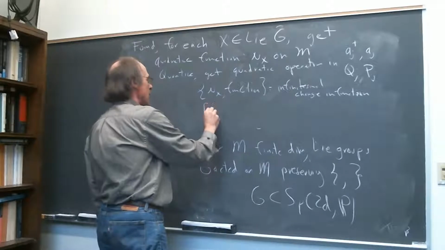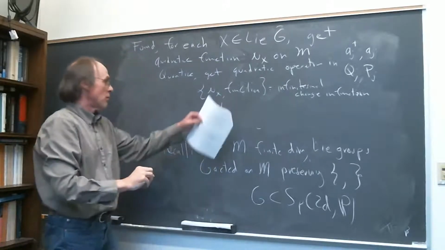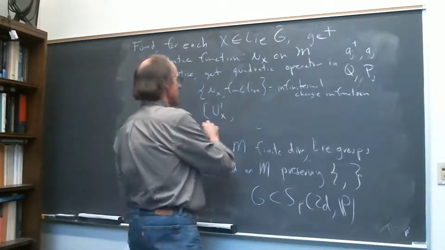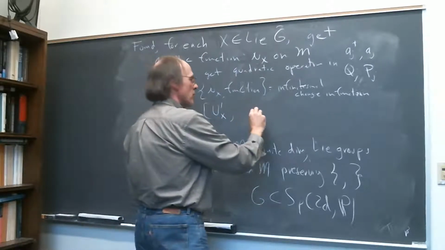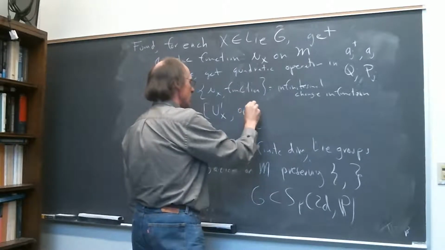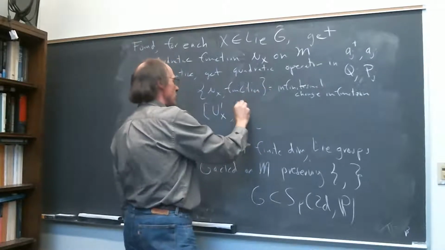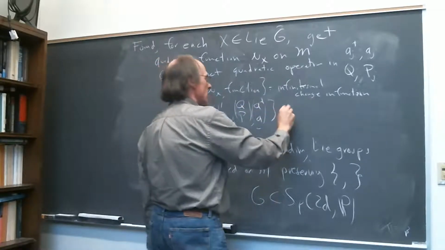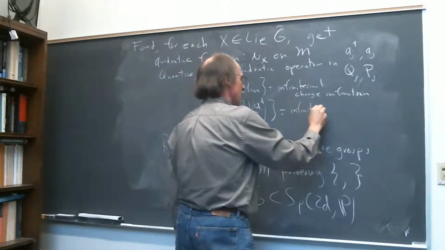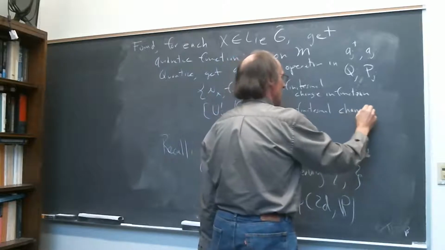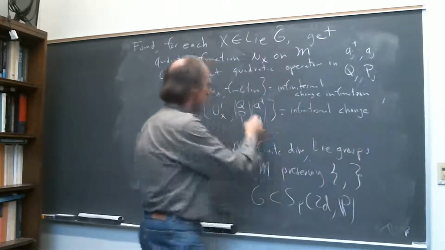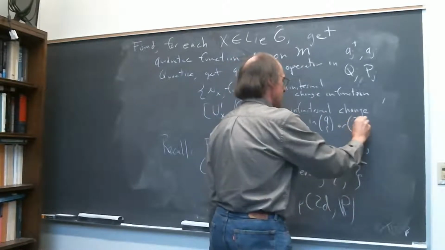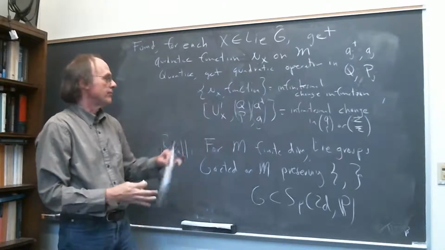And then when you quantize, you had an operator, which was the Lie algebra representation operator for some unitary representation of the group on the whole state space, and then this acts on other operators, let's just say on your Q and P, or on your A dagger, A. Again, this gives the infinitesimal change in, you know, Q, P or Z, Z bar.